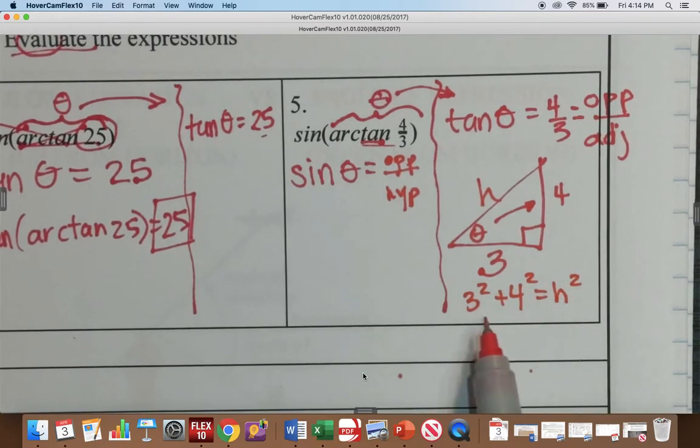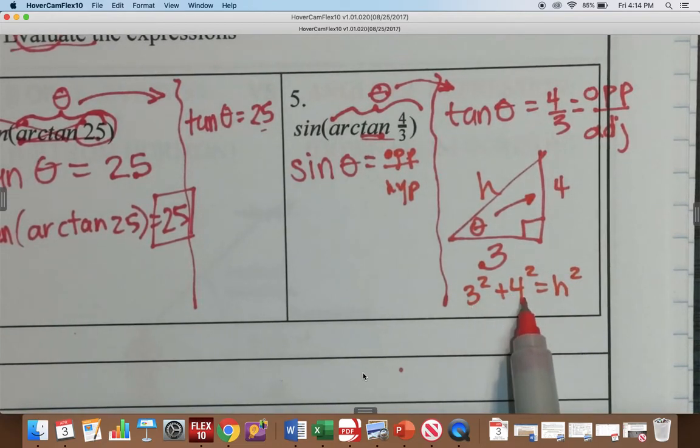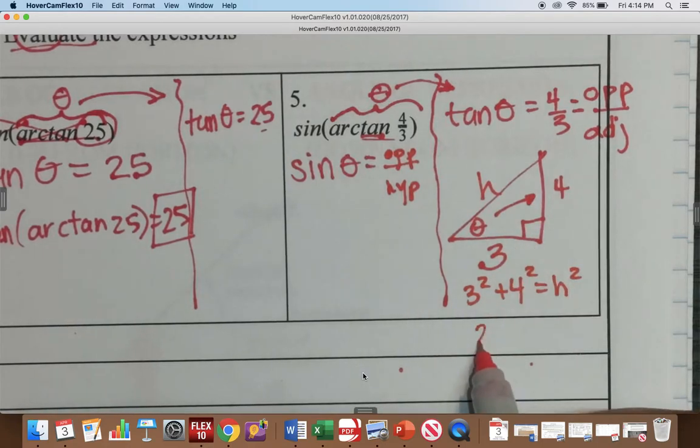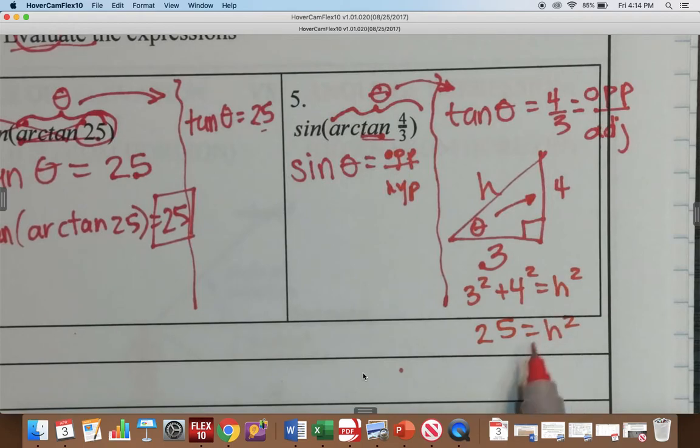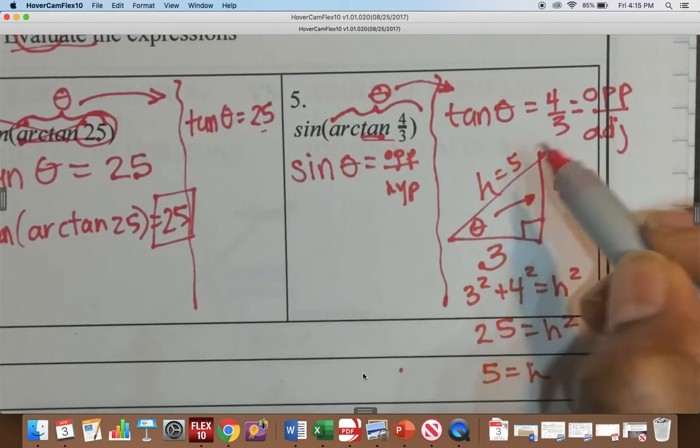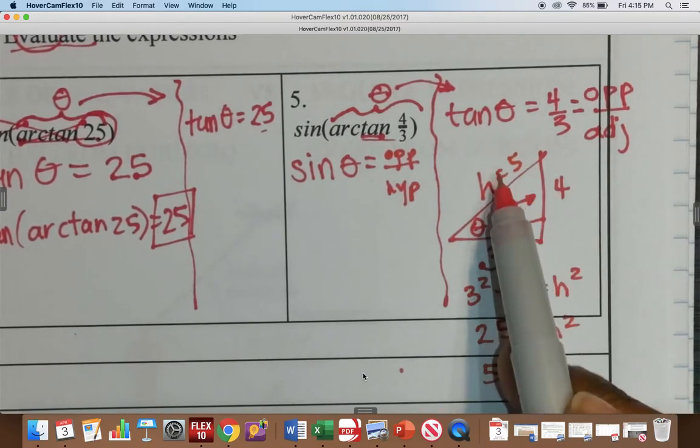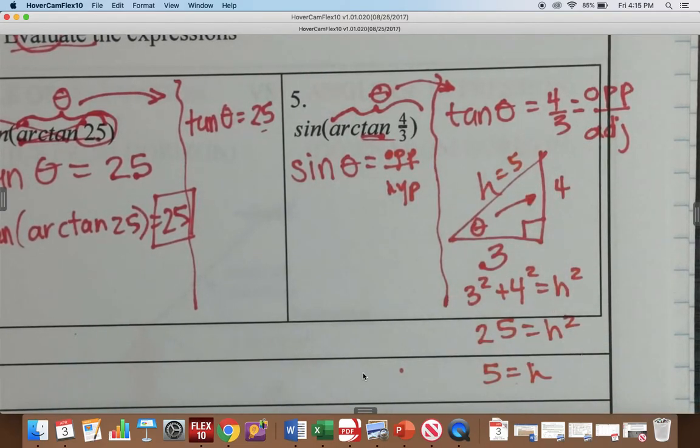If I go through and plug in, I have 9 plus 16, which is 25, equals h squared, and then I can square root both sides and I get that 5 is h. So that means my hypotenuse is 5. Of course, this was a 3, 4, 5, so you didn't really have to do Pythagorean theorem for that one, but just to show where the 5 is coming from.